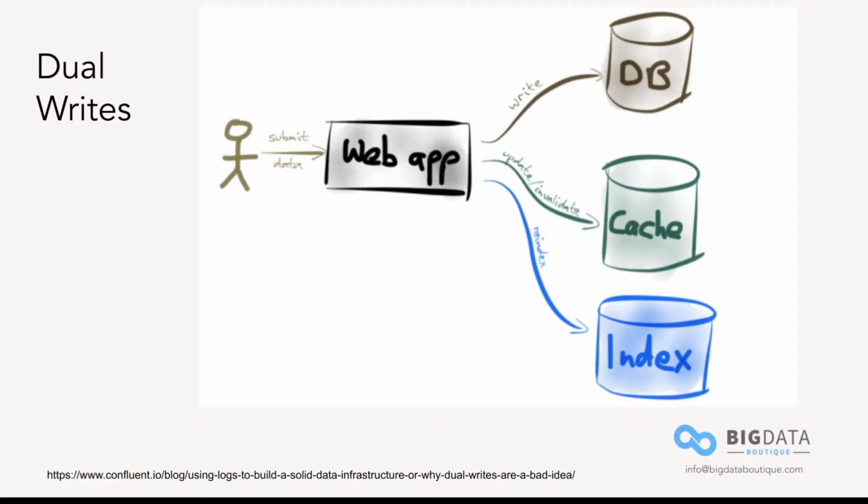The thing is, if you do this with the observer pattern, where the web application is invoking each database sequentially or in parallel to write things, this can have several problems. For example, what happens if one database is not available? Can we write to the other databases?